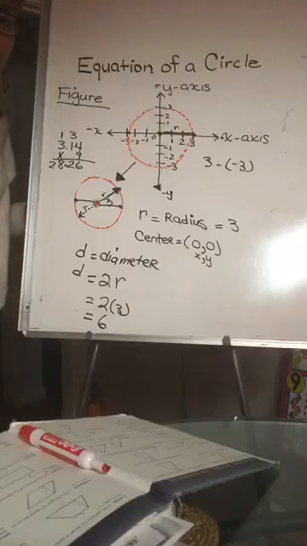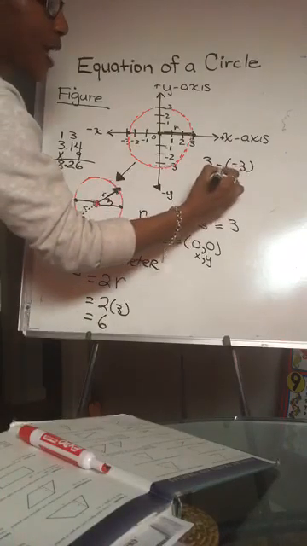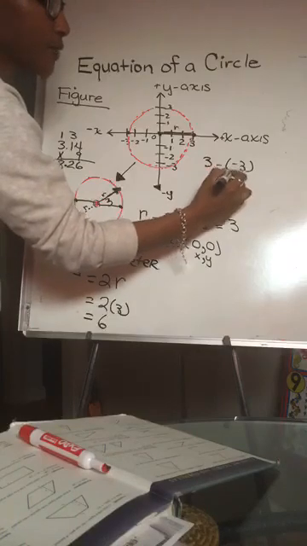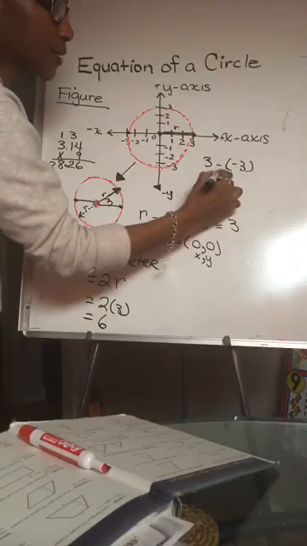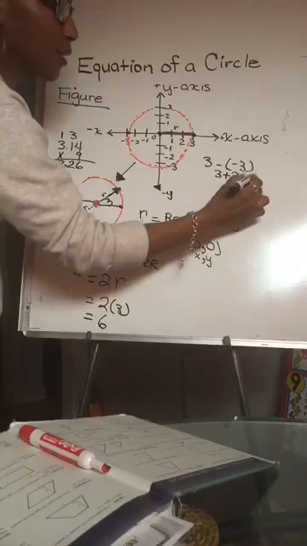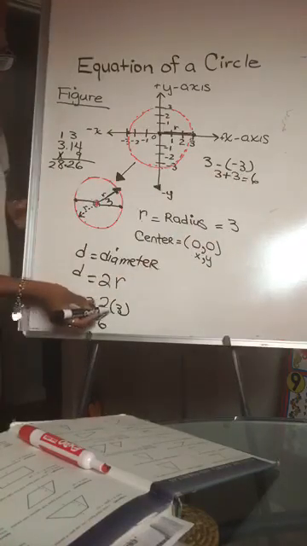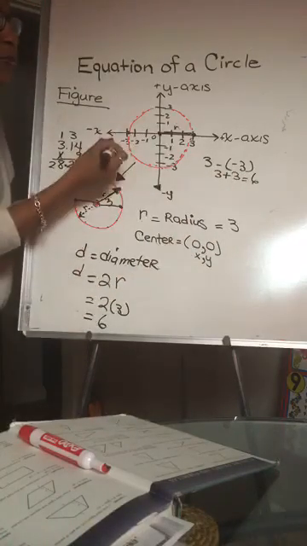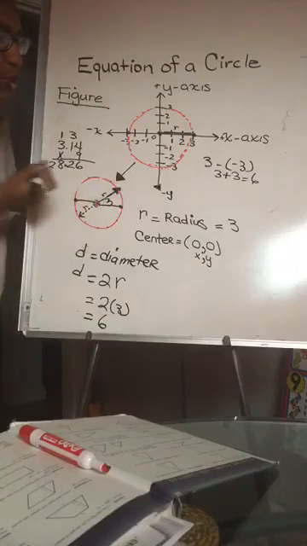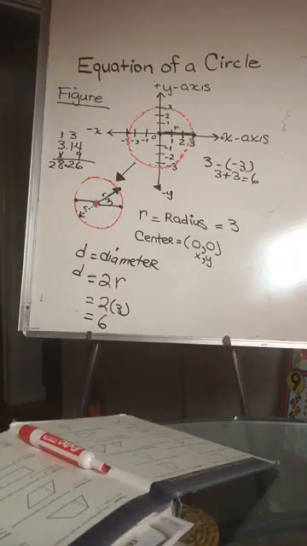Remember, in my earlier problem solve sessions I reviewed the signs. A negative times a negative turns into a positive. So you have 3 plus 3, and that's 6. So 2 times 3 is 6, which proves that you double your radius. So that's your definition for that.